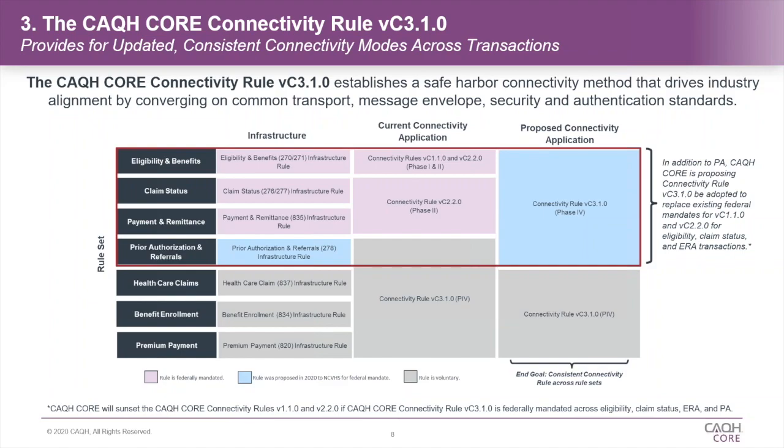One of the key requirements and proposals for the core board is to ensure that this latest version of the core connectivity is adopted, replacing the previous versions for both the eligibility and benefits transactions, claim status transaction, remittance transaction, as well as extending these requirements for the prior authorization.